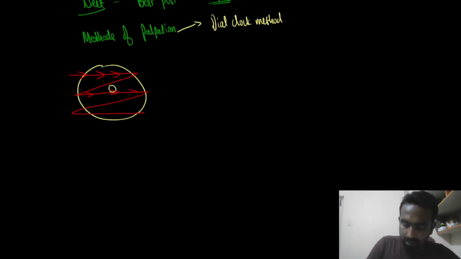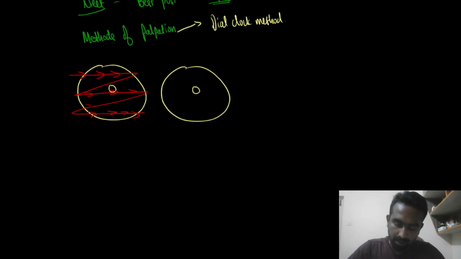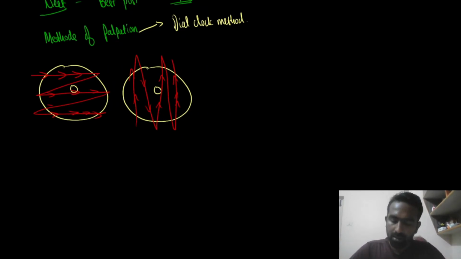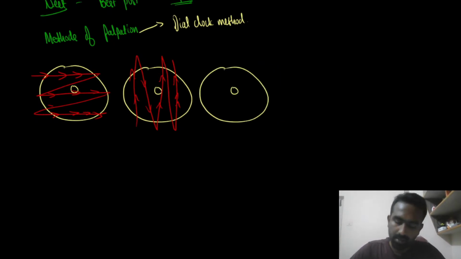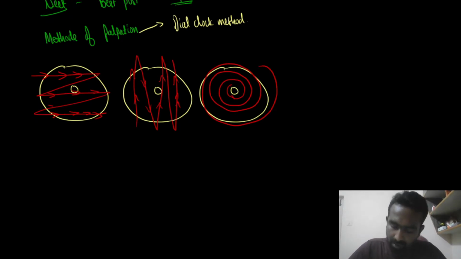Or it can be in vertical stripes, in this direction, or it can be circular.